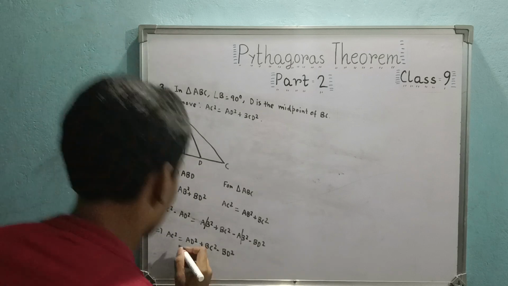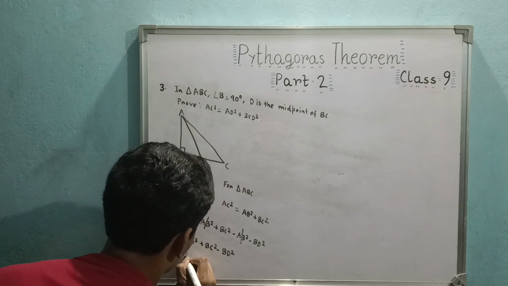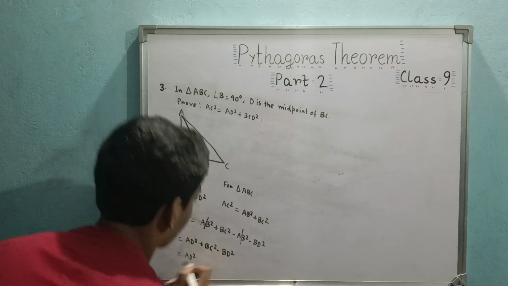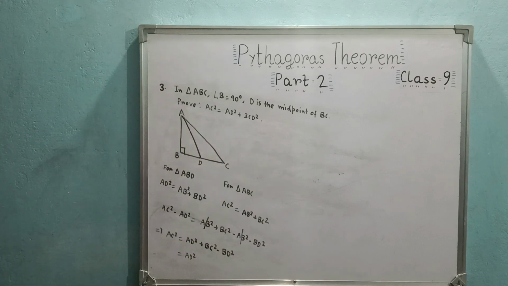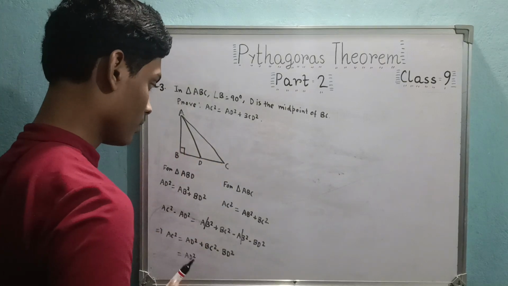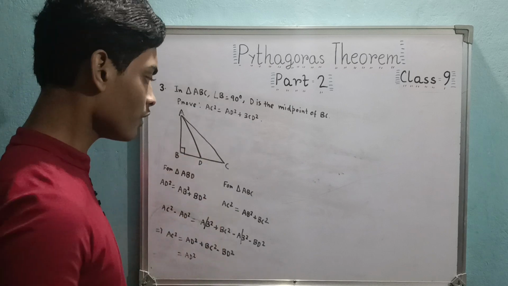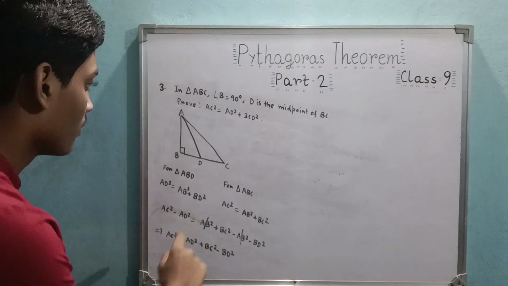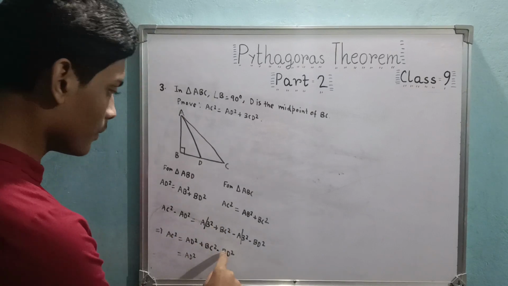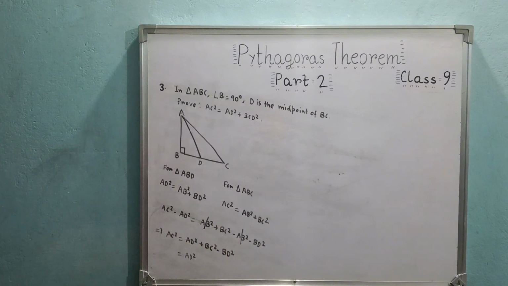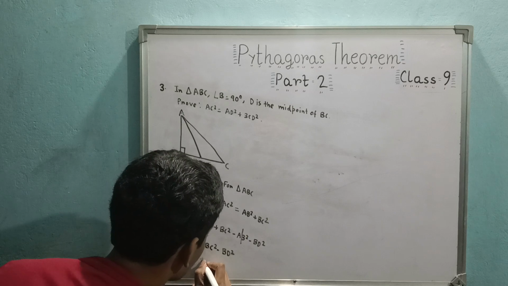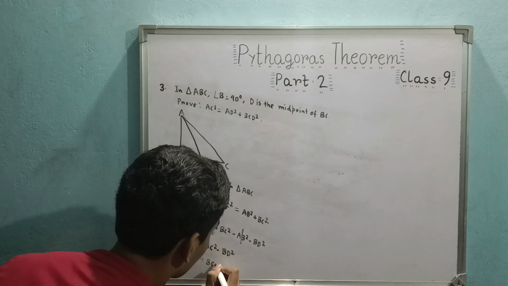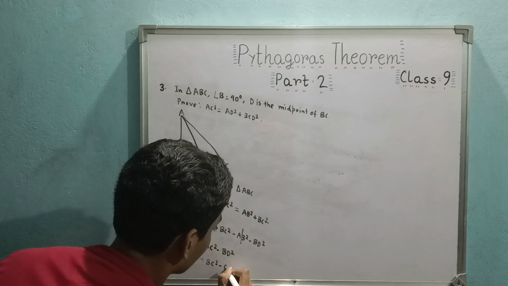Let's see. Why is that? Because see, D is the midpoint of BC. Then BD will be equal to CD. Okay. Then here this BD will be equal to CD, plus BC square minus CD square.